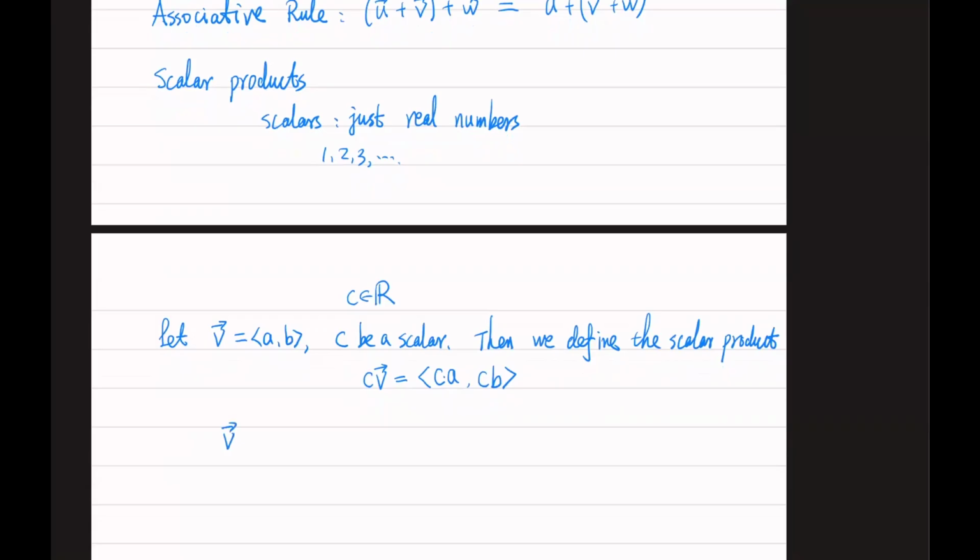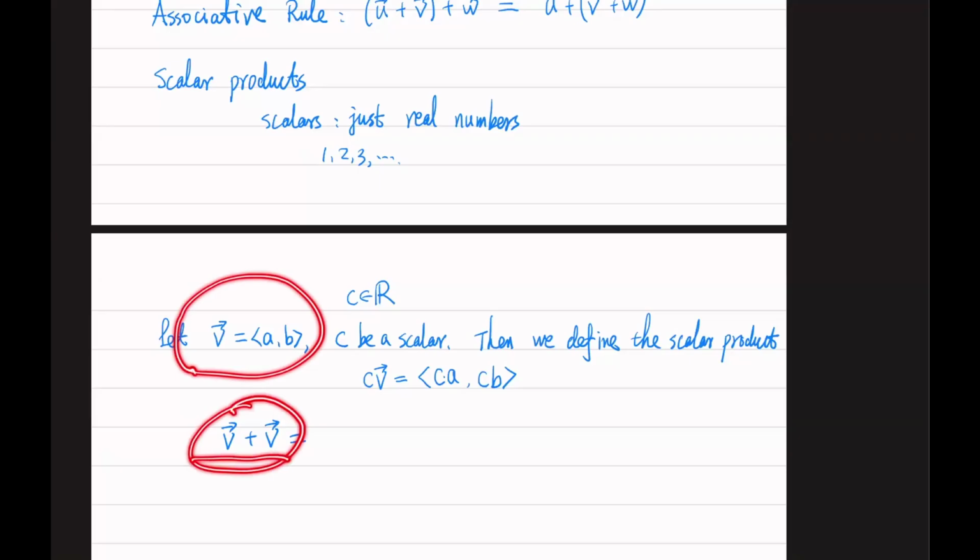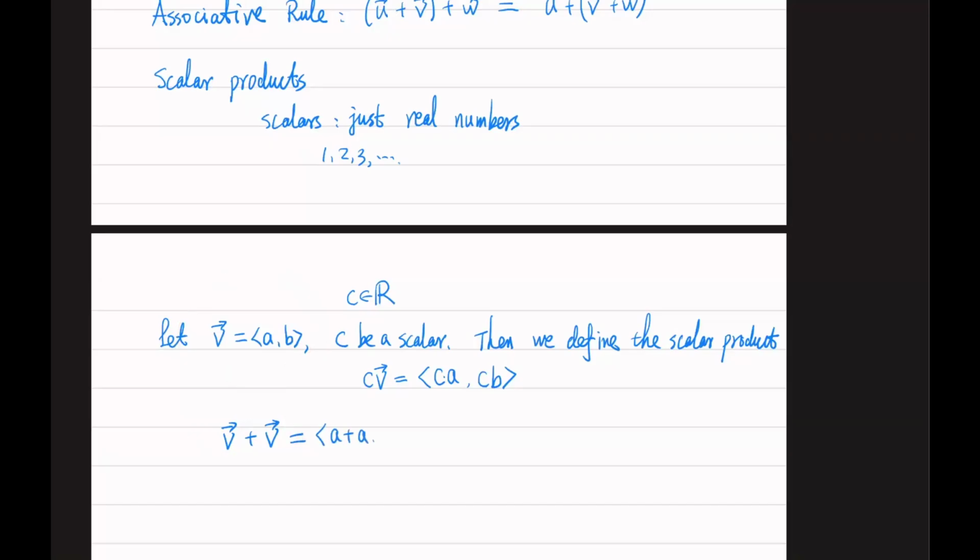v add v. Okay, if this is our vector with components a and b, what's v plus v? That's 2a, 2b. There will be a plus a, b plus b, which is 2a, 2b. Or this will just be 2v.